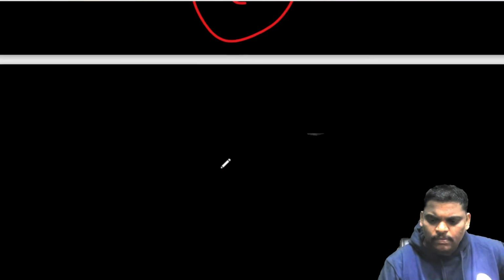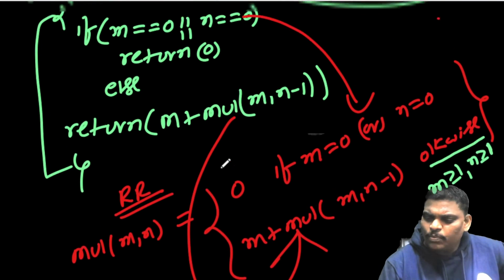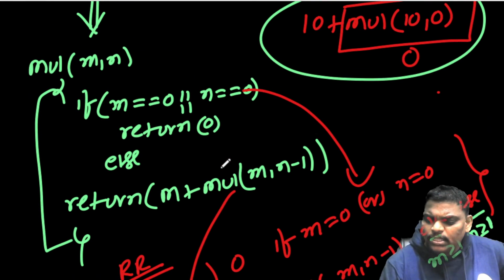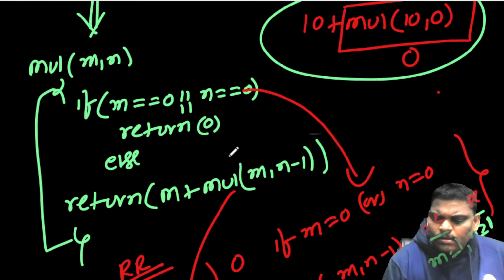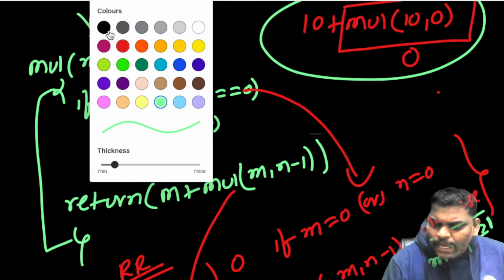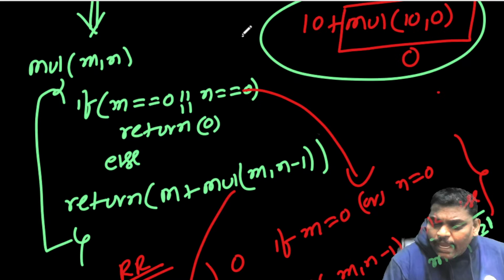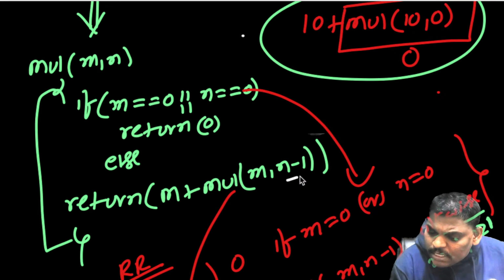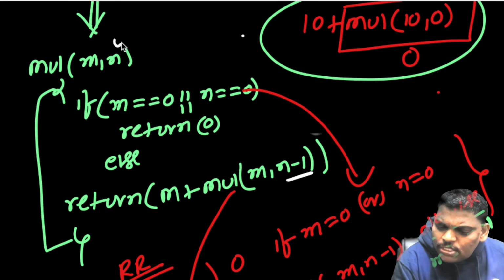Perfect. So recursive program, recurrence relation. Now listen. In this program, if you observe, we are adding m, n times. N keeps on decrementing. If n is initially 4, next 3, next 2, next 1, next 0.